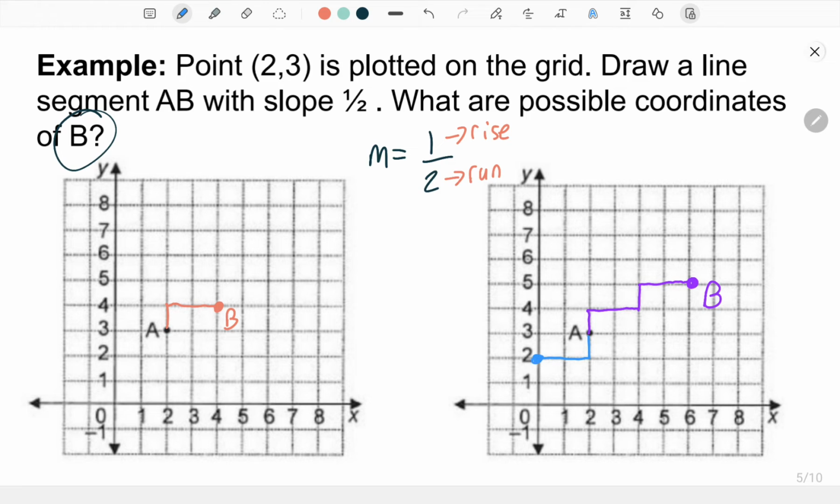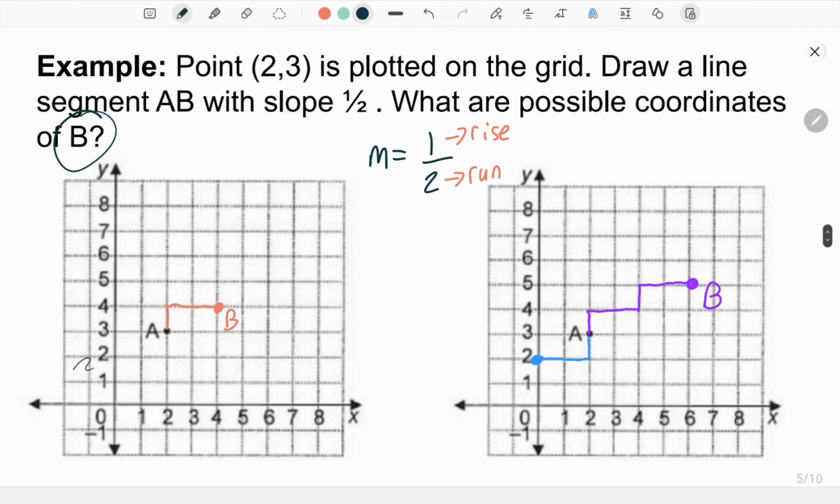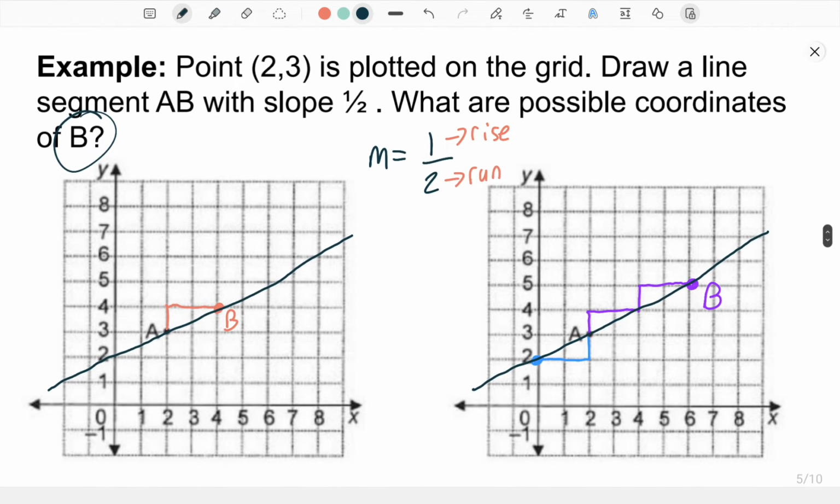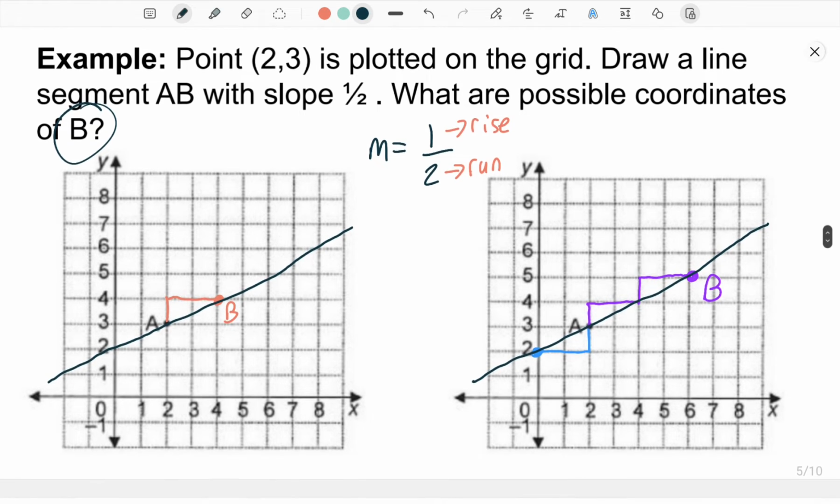And so something like over there would also be another possible point. And those would all lie on a line, if we draw it, something like this in both cases. If you have a nice ruler, you can make it nice and straight on your sheet. All right, so there we have it. Given a point and the slope, we can nicely and efficiently find another point on that line.